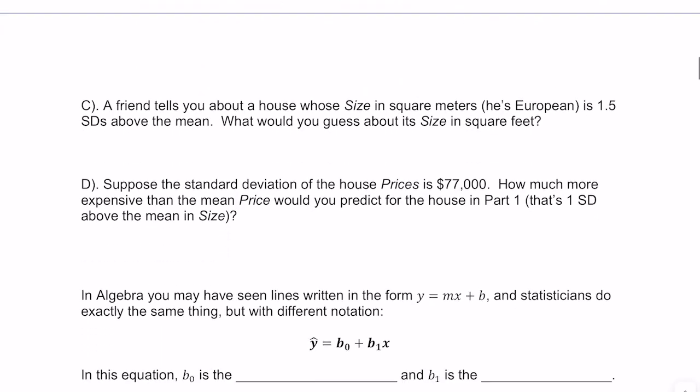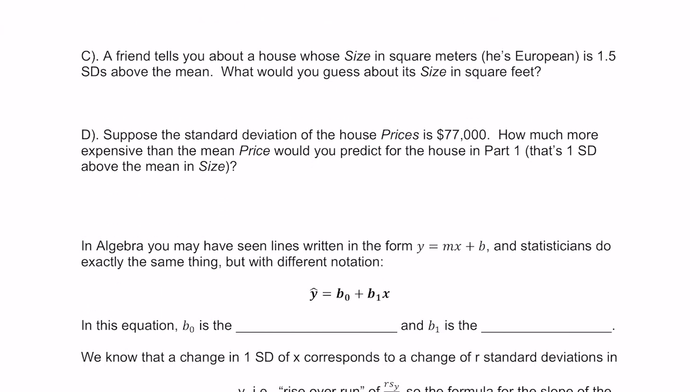A friend tells you about a house whose size in square meters, he's European, is 1.5 standard deviations above the mean. What would you guess about its size in square feet? If you'll recall, no matter how the size is measured, the standard deviations will not change.